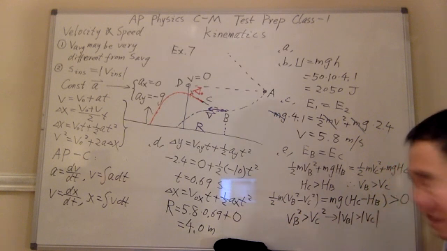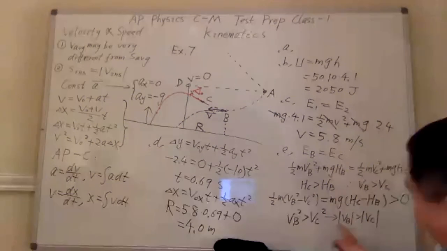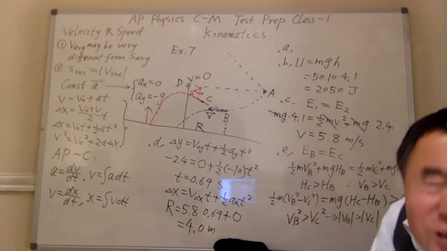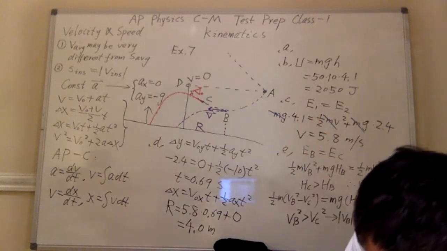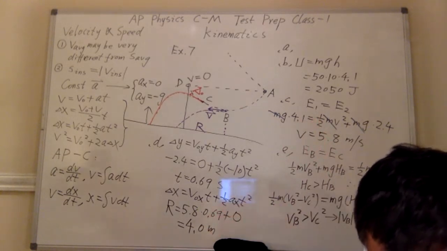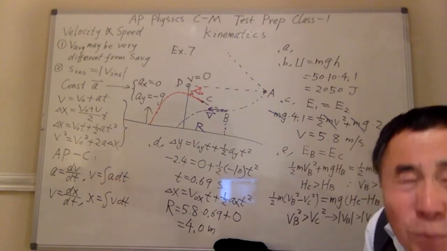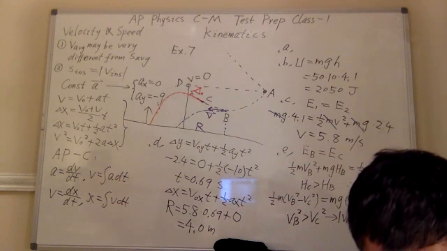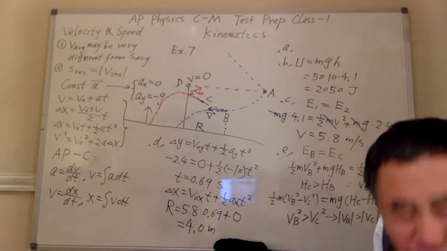But that is what they ask. What they ask is the magnitude of a person's momentum at C and the magnitude of the person's momentum at B.